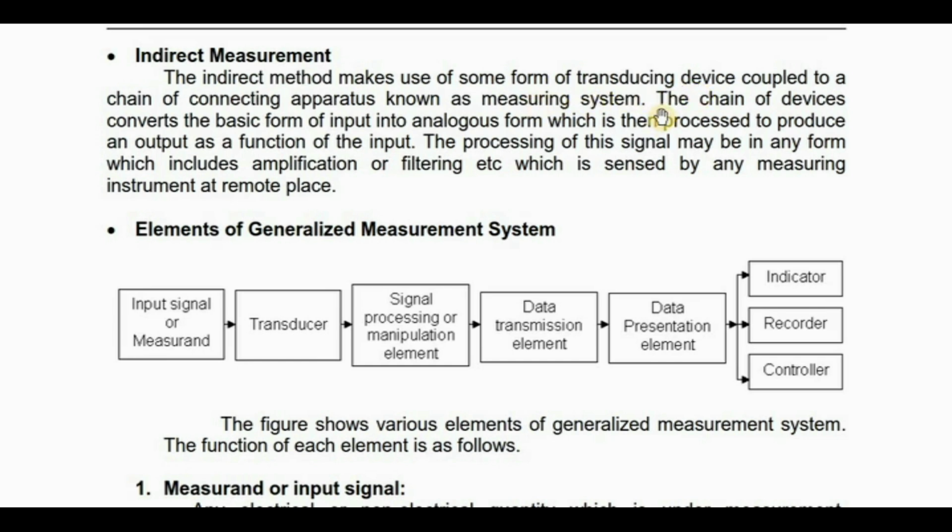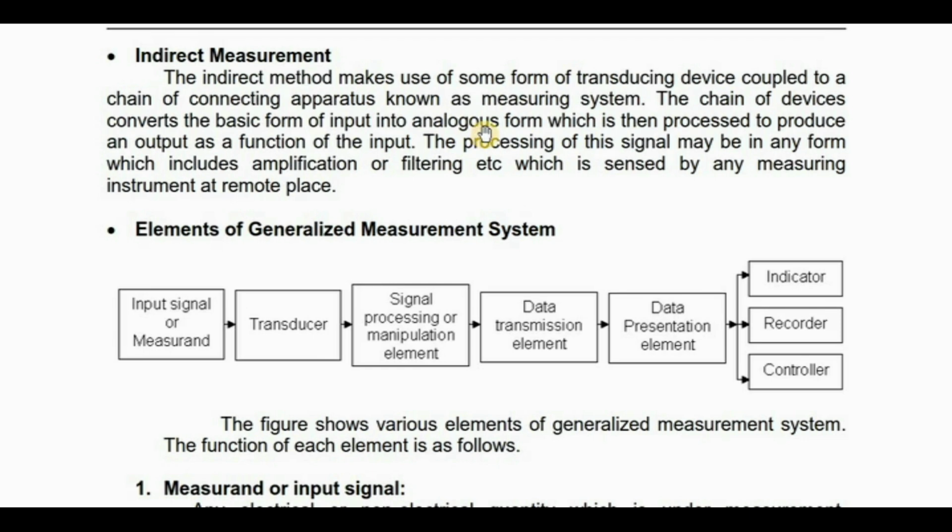Okay, so what has been said here, the chain of devices converts the basic form of input into an analogous form. Means what? Suppose you are measuring a temperature, then in the case of an indirect measurement, that temperature in degrees Celsius we are going to convert into EMF, which is an analogous electrical signal.